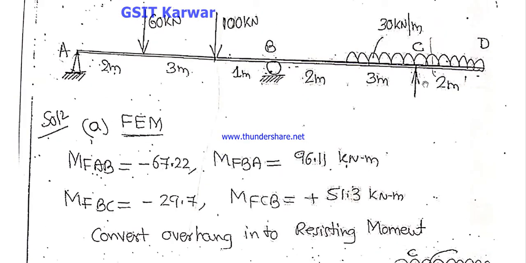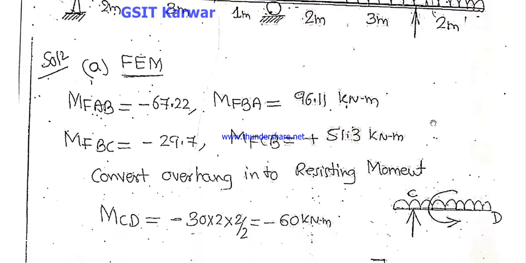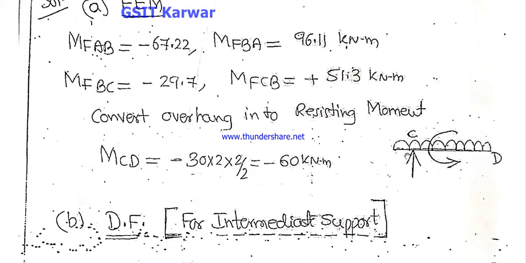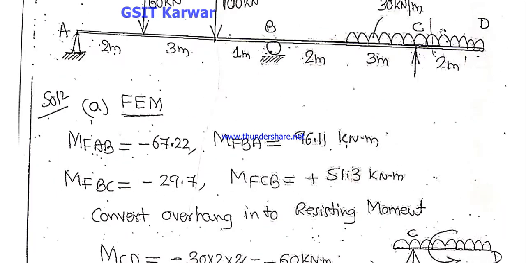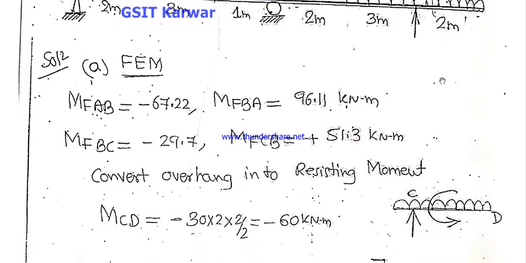That means it is not continuous, it is not a true support. For the span CD, there is no true support. It is an overhanging span or cantilever beam type. So for this span, how are we going to calculate the moment?